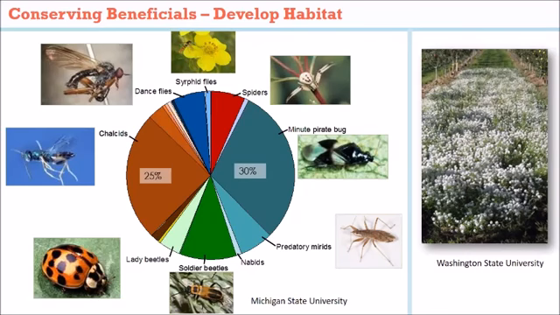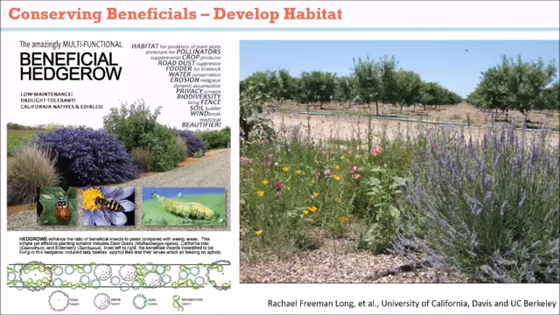They first looked at a bunch of different flowers, decided on alyssum for the orchard, and then looked at what are the beneficials coming to the alyssum, and found a lot. Syrphid fly was the most common. And then they were able to tell that the syrphid flies were actually moving into the orchard as well. So this was a good example of a positive way to promote aphid biocontrol.